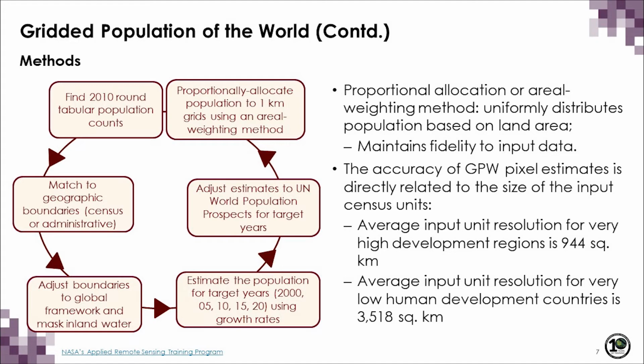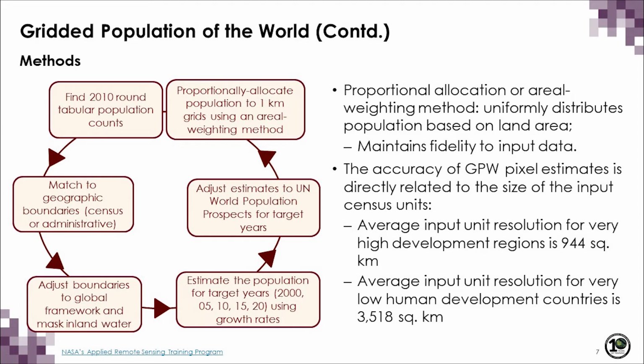There are several steps to develop GPW4. The first steps are to find tabular population counts for the 2010 census round for all the countries in the world. Then match the tabular counts to geographic boundaries, either census or administrative boundaries, and adjust the boundaries to a global framework and mask inland water.